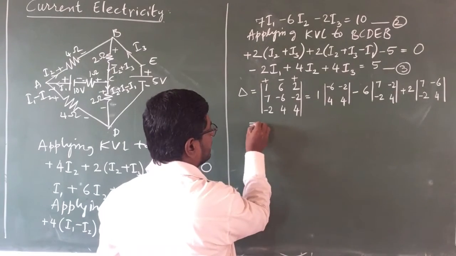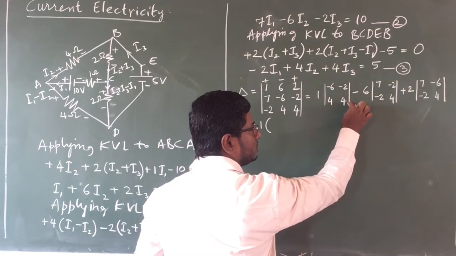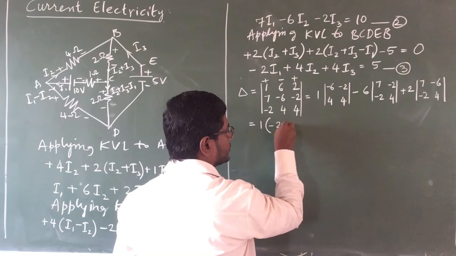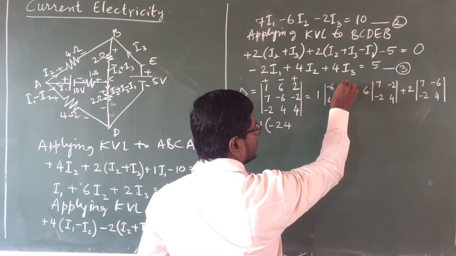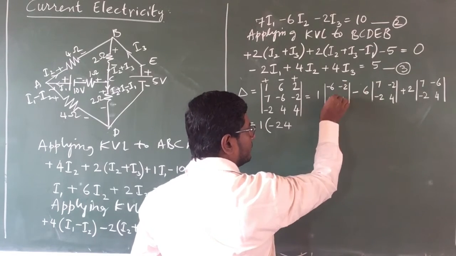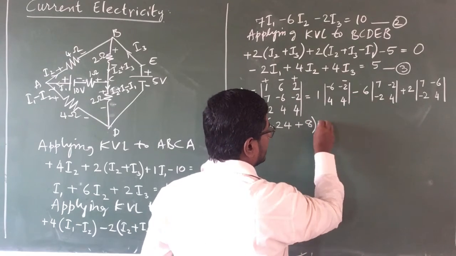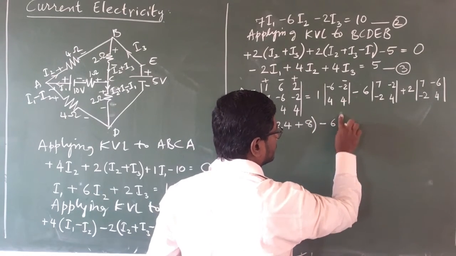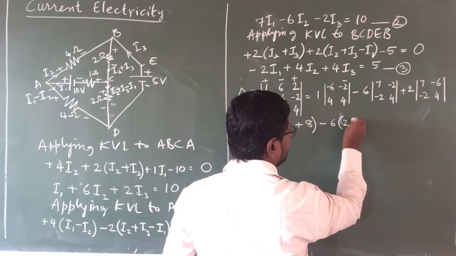Then going after 1 into primary diagonal minus 6 into 4, that gives me minus 24, minus 2, this will be with again minus sign, so minus into minus it becomes plus, 2 into 4, this gives me plus 8. Next thing, minus 6 into primary diagonal 7 into 4, it gives me 28.